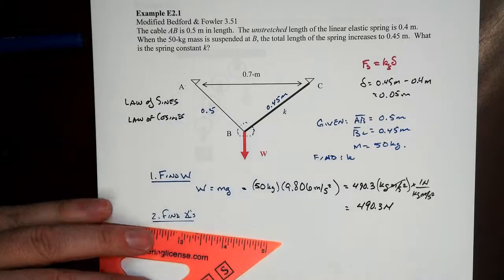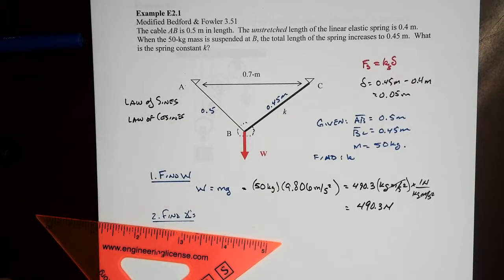Now law of sines will be something like length over the sine of an angle equals the length over the sine of another angle, the angles being the interior angles. But I don't know any angles, and that would require that I know something. But law of cosines, on the other hand, is about the sides of the triangle and only one angle. And I like that, because then I've got all three sides.